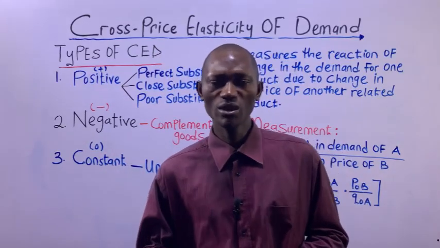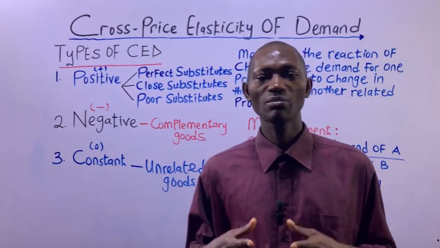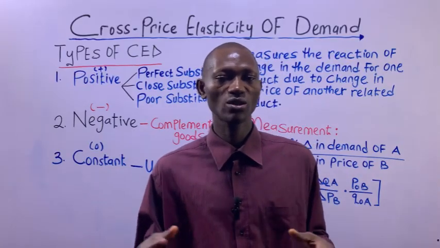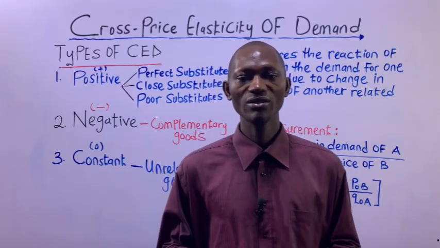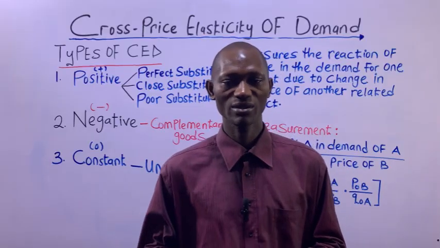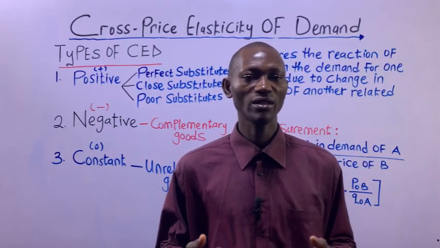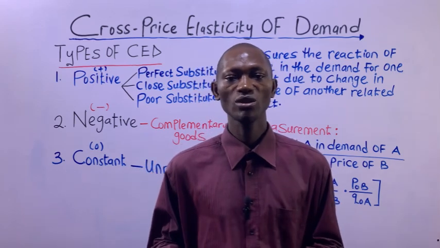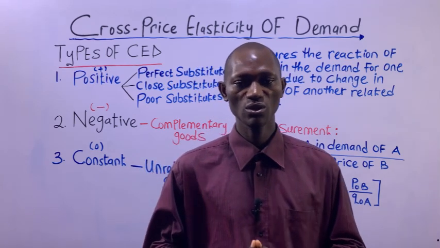So when we say cross price elasticity of demand, it explains that goods have a relationship, that goods are interrelated and interdependent. And when we say goods are interdependent or interrelated, we actually mean complementary goods or substitute goods.